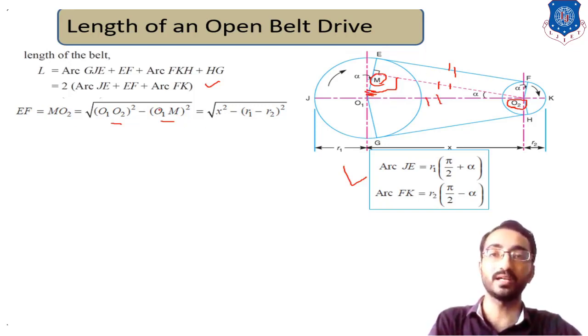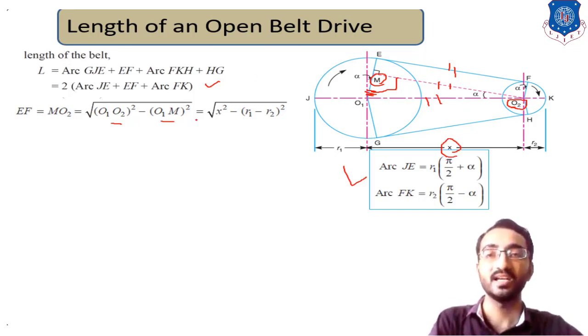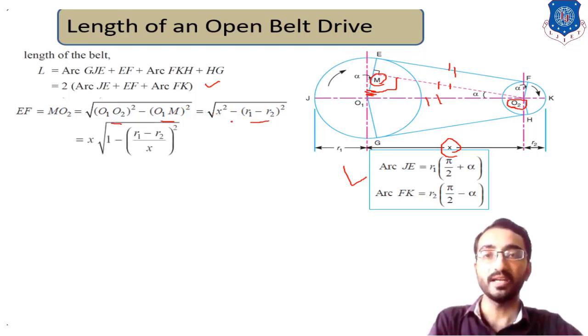Now O1O2 is the horizontal distance between these two pulleys, that is x. So it is the square root of x square minus R1 minus R2 whole square. Now we can take x square as common, so it becomes x as a common term, and we can write the square root of 1 minus R1 minus R2 upon x whole square.